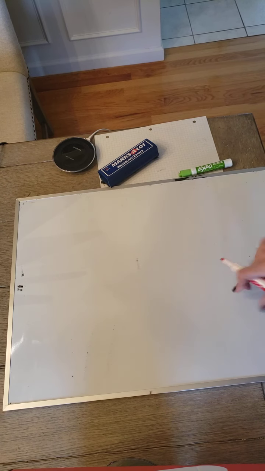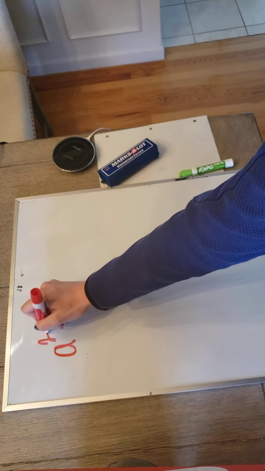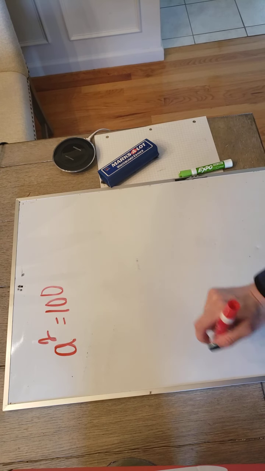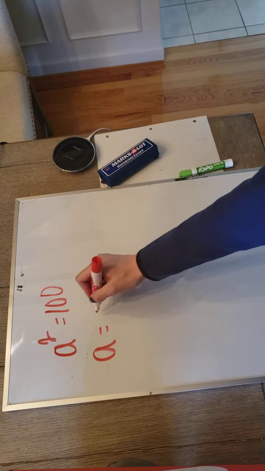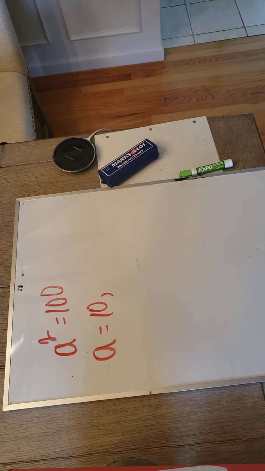So say we had a squared is equal to 100, and I wanted to know what a was. Automatically, you should kind of think, oh, 10 squared is 100. 10 isn't your only answer, however. Think about it.